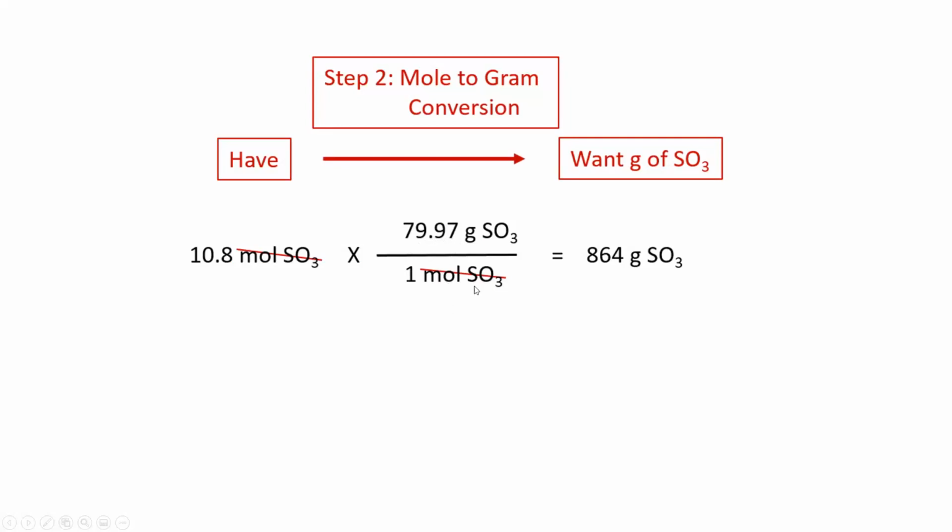So 1 mole of sulfur trioxide is 79.97 grams of sulfur trioxide. You set the calculation in this way in order to cancel moles with moles. And when you multiply and divide, you get this number. 3 significant figures at the beginning, 3 significant figures at the end.